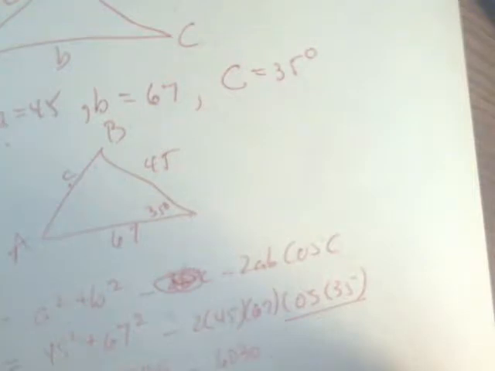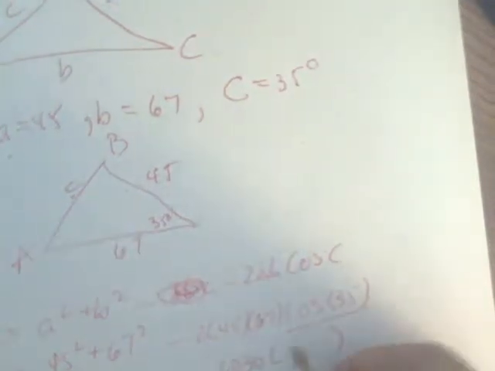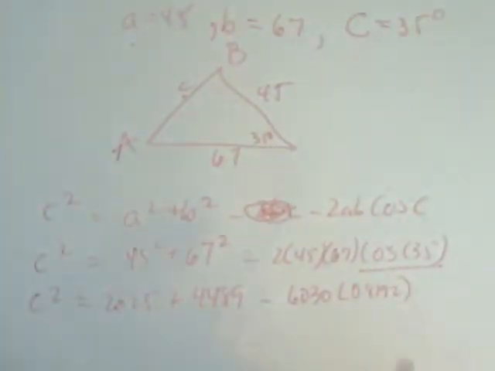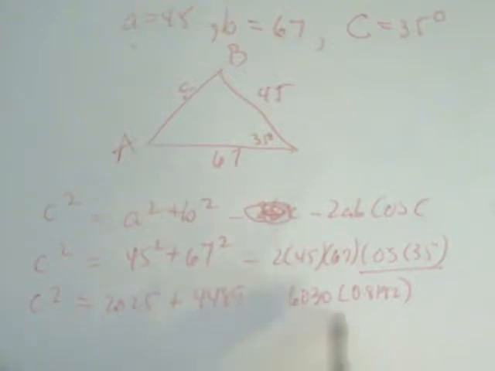And then I'm going to find the cosine of 35, 0.8192. I rounded, okay? So go ahead and check yourself to make sure you can get those same values. I'm just going to sit here for a second to give you time to punch those into your calculator.